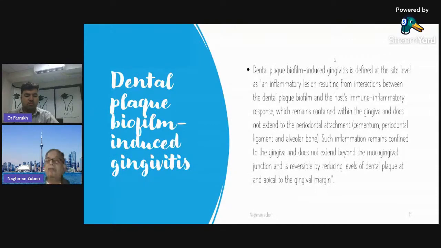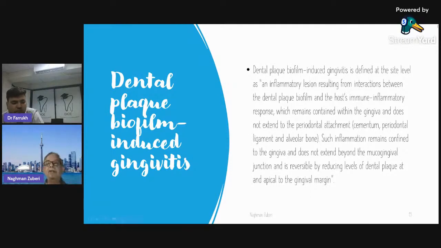Dental plaque biofilm induced gingivitis is defined at the site level as an inflammatory lesion resulting from interactions between the dental plaque biofilm and the host, the patient's immune inflammatory response, which remains contained within the gingiva and does not extend to the periodontal attachment, means we will consider it gingivitis only if periodontium is not affected, only gingivae are inflamed.